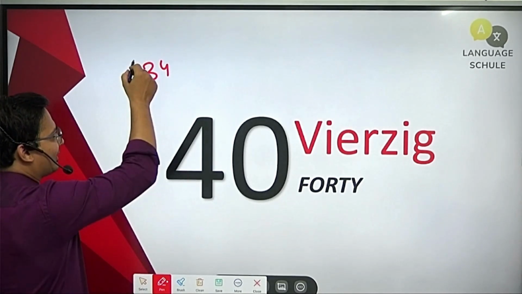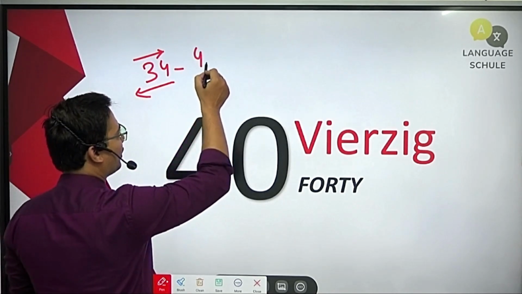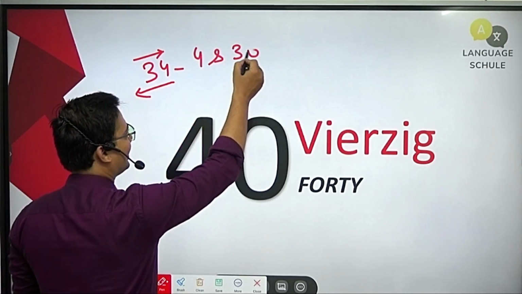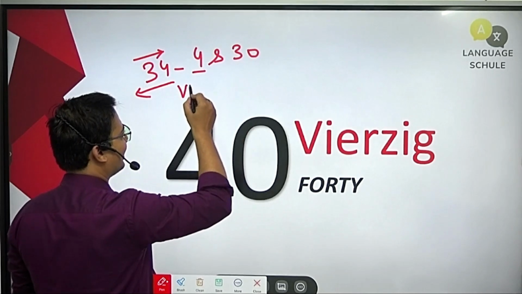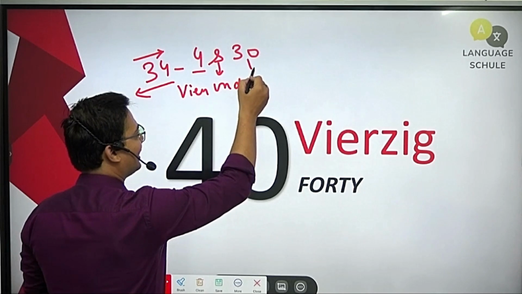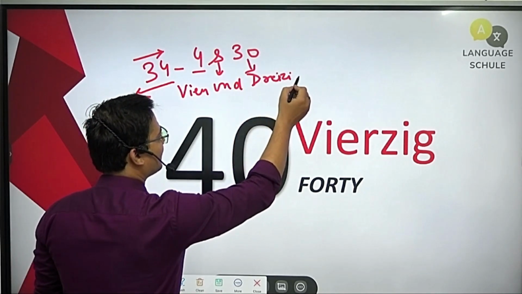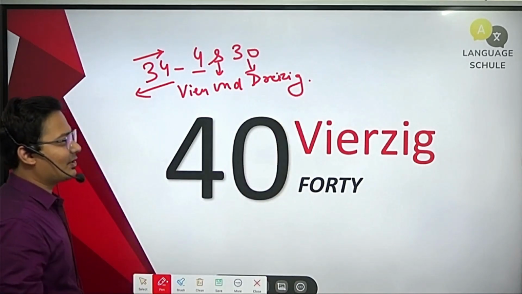In English it is 34. In German it is 4 and 30. So 4 is vier, and is und, and 30 is dreizig.